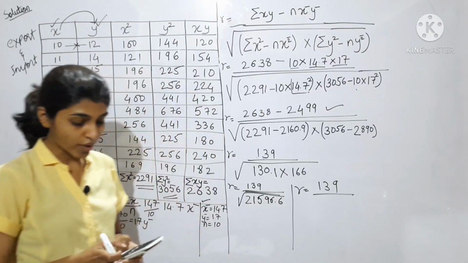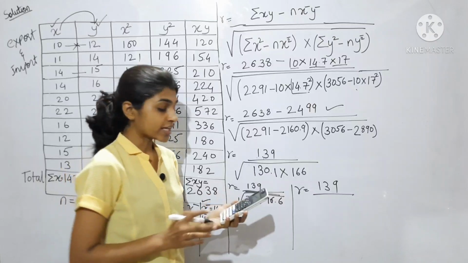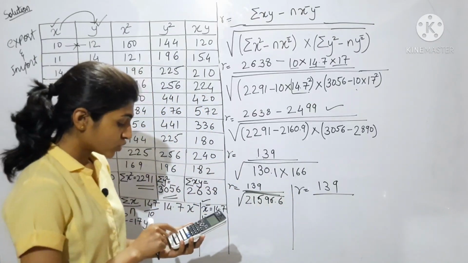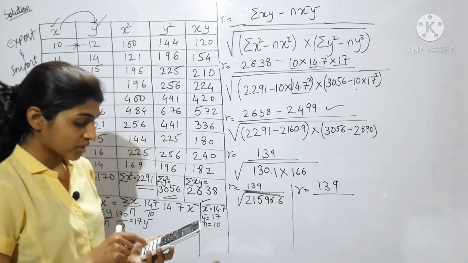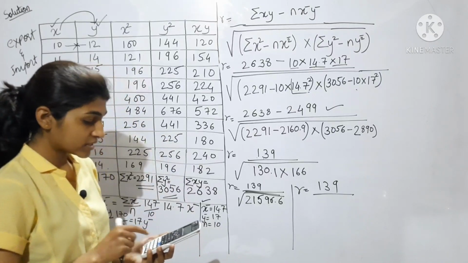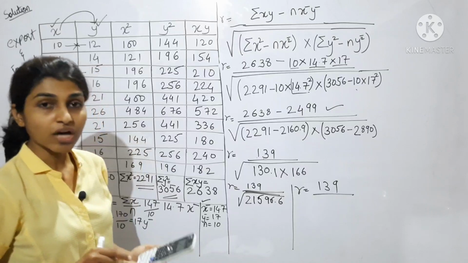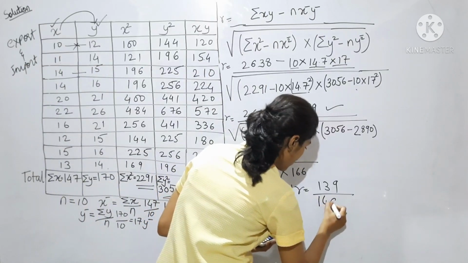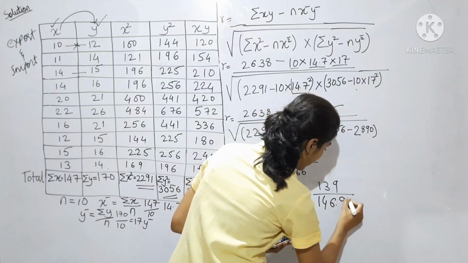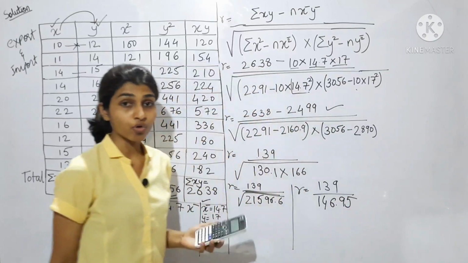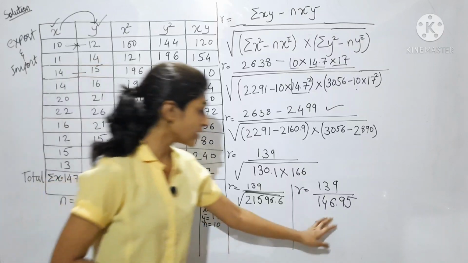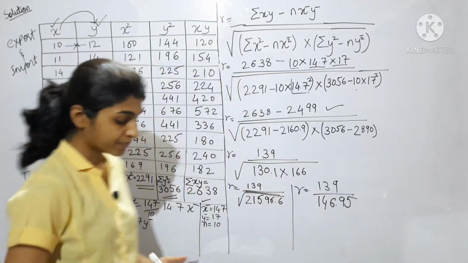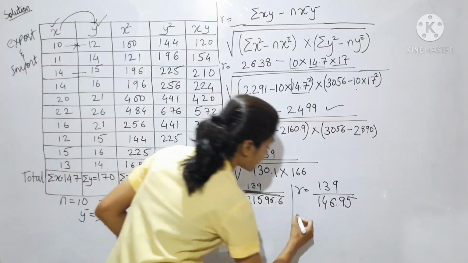Find the square root of 21596.6. On the scientific calculator you will find the square root sign. Square root of 21596.6, the answer you get is 146.95. I hope you are also getting this answer, 146.95. Now the last step is what?